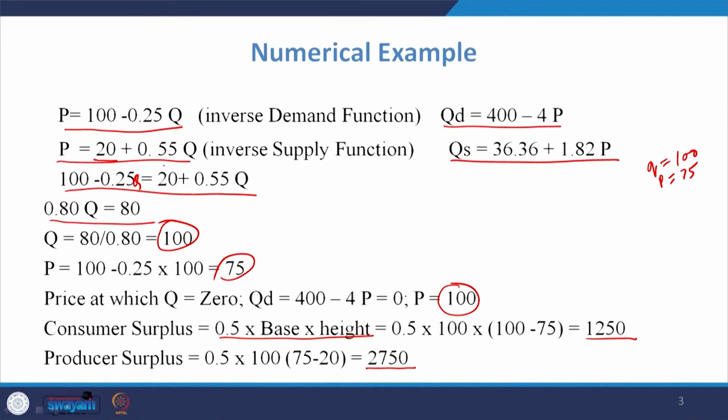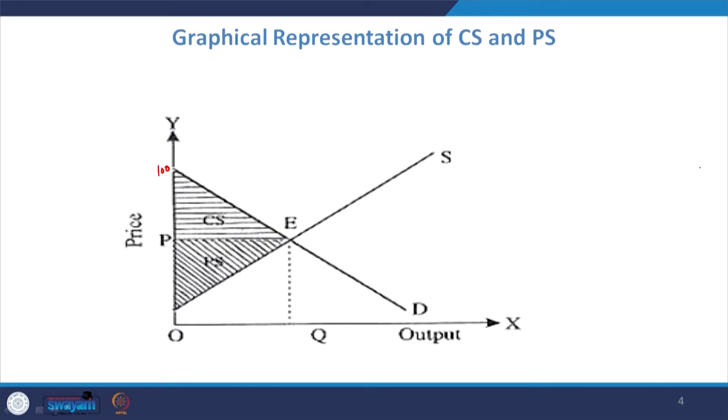So, here Q is 100, P is 75 and the maximum price is 100. Now, you can easily calculate the consumer surplus and producer surplus. So, this is our consumer surplus and that is producer's surplus.